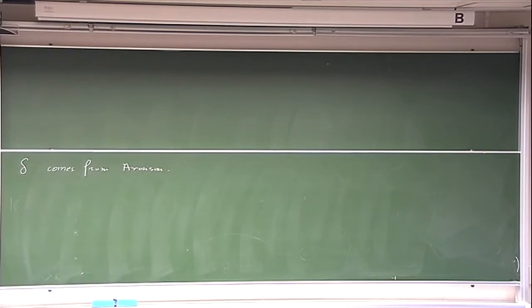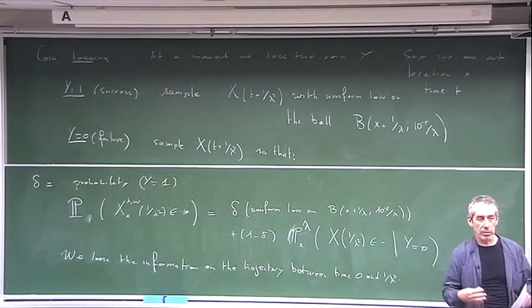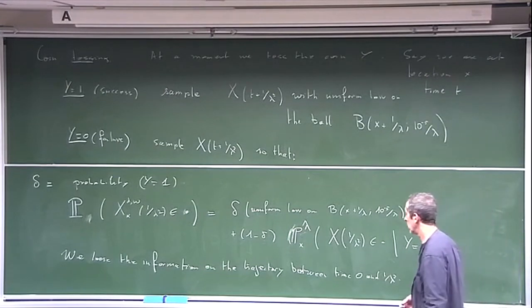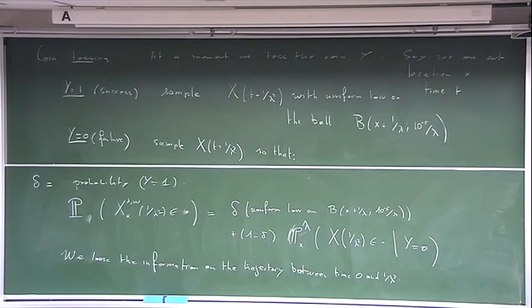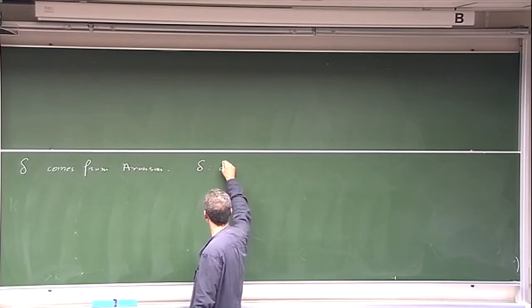What we get from the Aronson bound, because we're using the Aronson bound for the process on the scale 1 over lambda and 1 over lambda squared, is a delta that does not depend on lambda. So in this algorithm, delta does not depend on lambda.